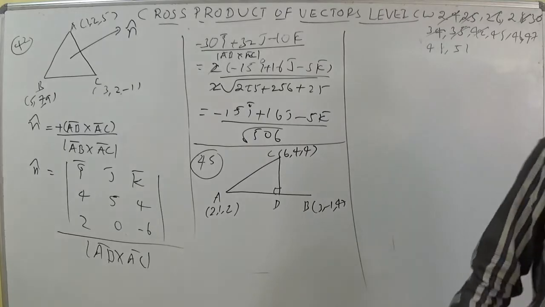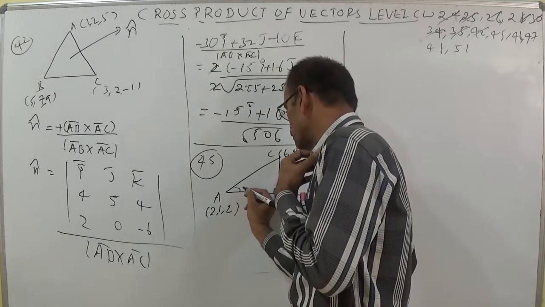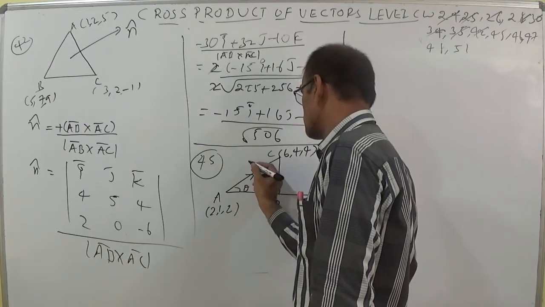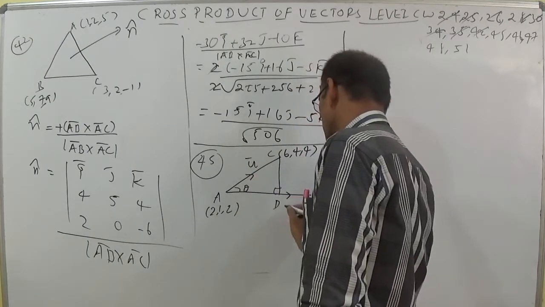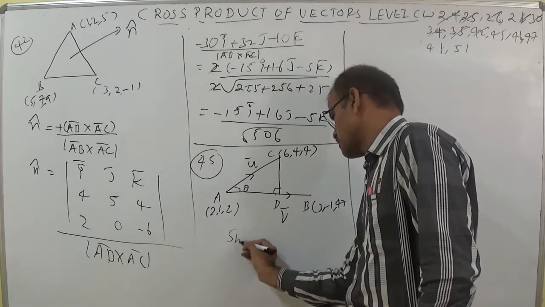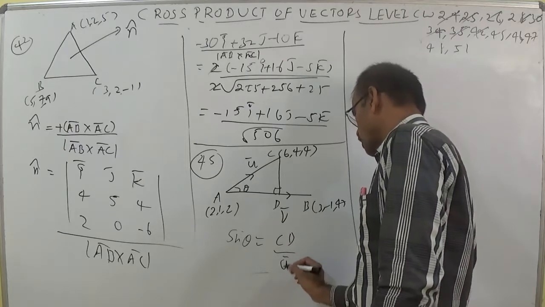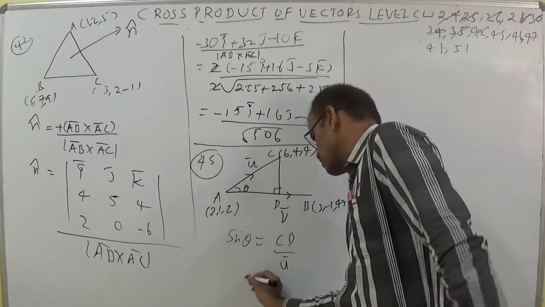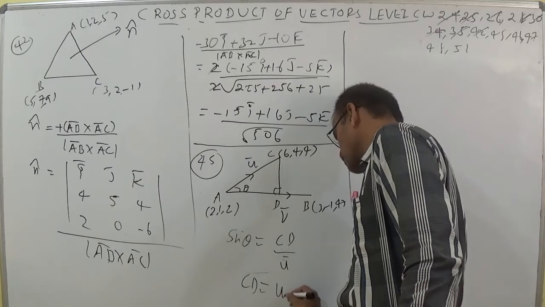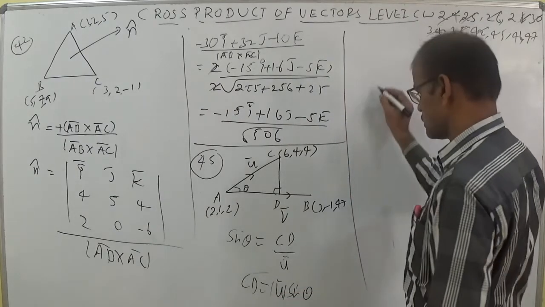Yesterday I said the formula and the proof also. Take U bar and V bar with angle theta between them. Using the sin theta formula, CD by U bar gives CD equal to U bar sin theta.